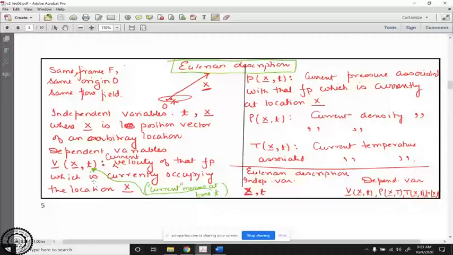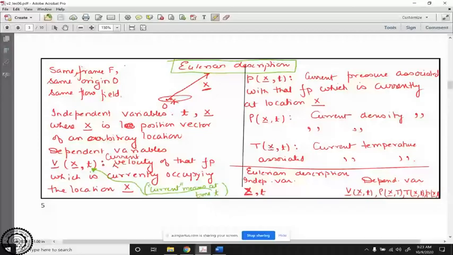John, Peter, I don't know. I don't know which fluid particle that is. That's not my independent variable. But whichever fluid particle is at X, I am talking about that. So that is V of X, T. Similarly, P of X, T will be current pressure associated with that fluid particle which is currently at location X, and similarly rho and T.